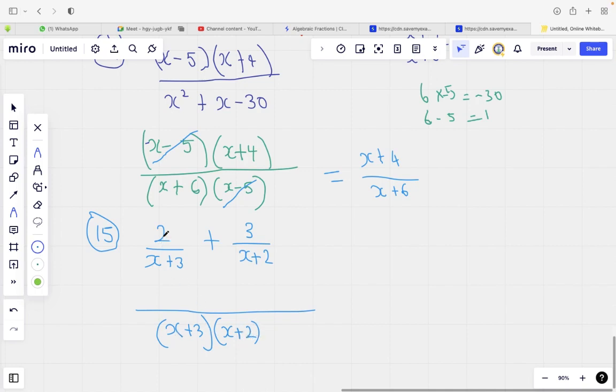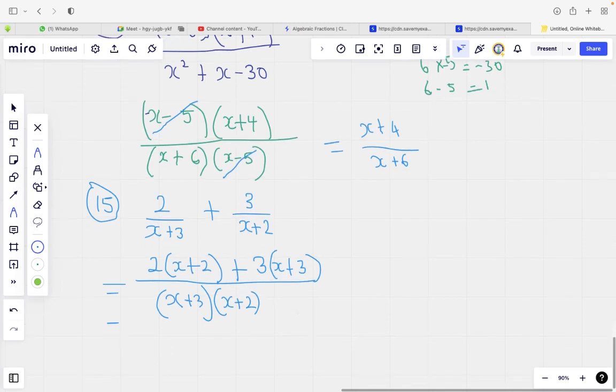So we now use the numerator of the first fraction to multiply the denominator on the other side. So we have 2 into x plus 2, then plus 3 into x plus 3. Okay, that's our first step.